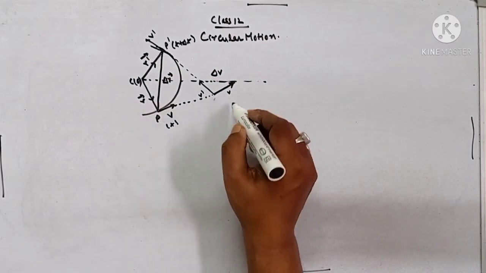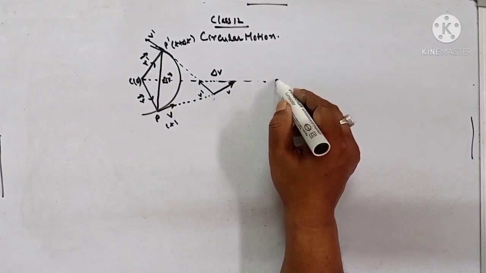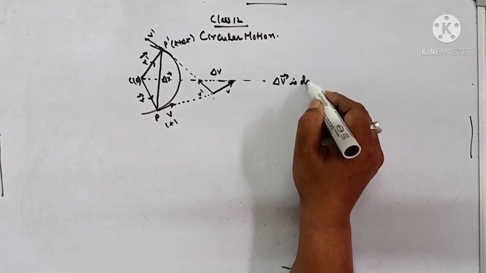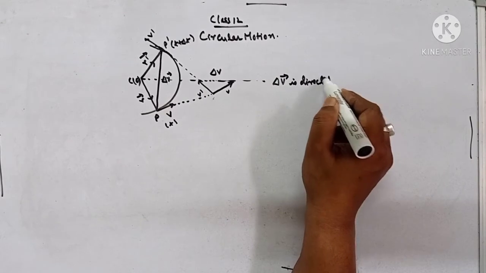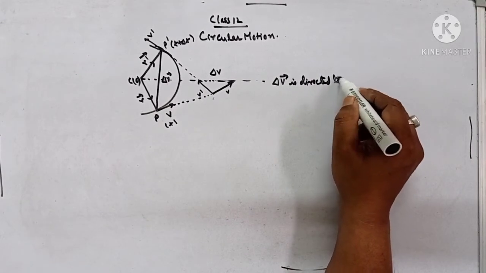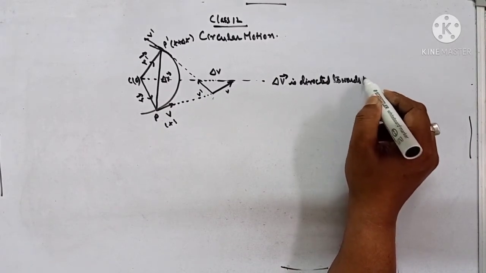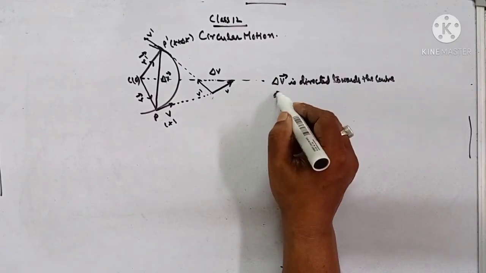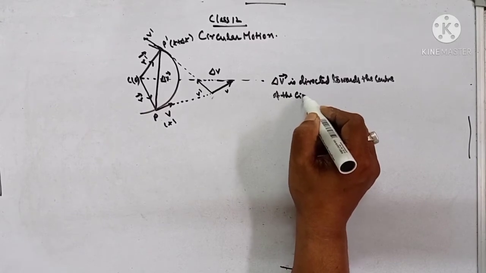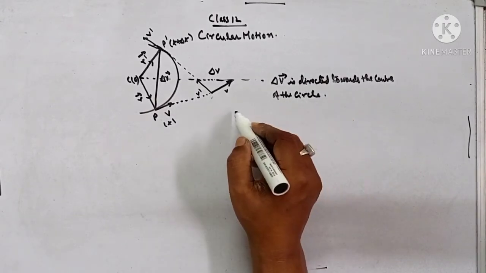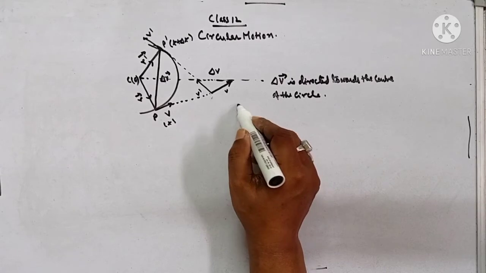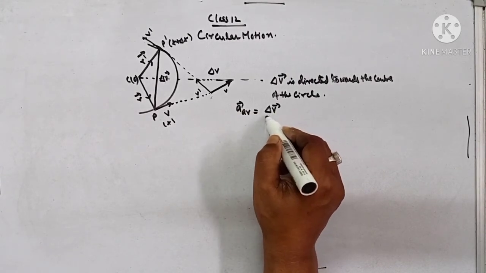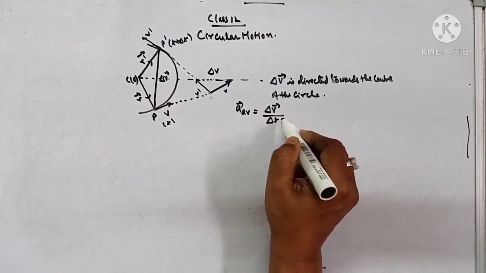Now here you see that your delta v is directed towards the center of the circle. Now you know that average acceleration will be equal to delta v by delta t.